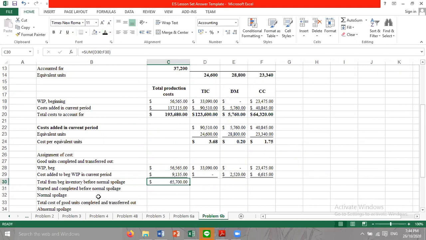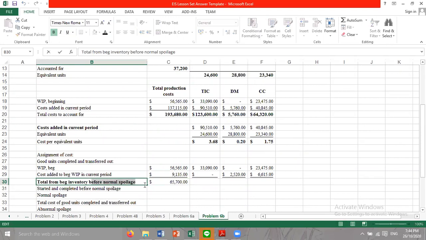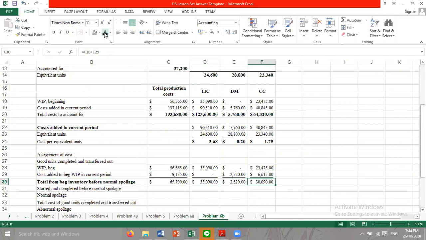From those two, we'll get our total from beginning inventory before normal spoilage. Remember, this time there's normal spoilage, so we need to differentiate them. Then we also have the next category, started and completed before normal spoilage. Same principle.